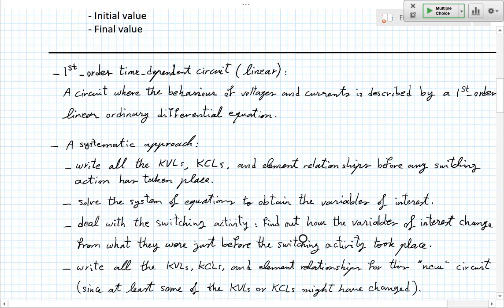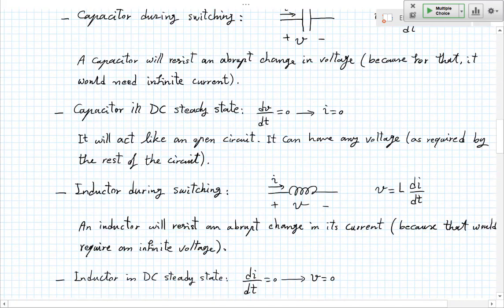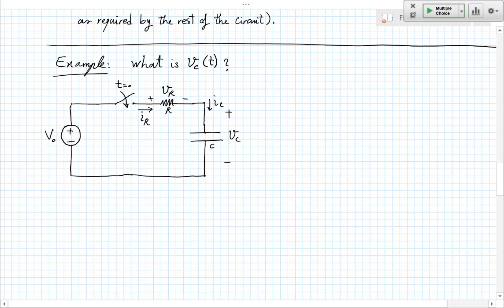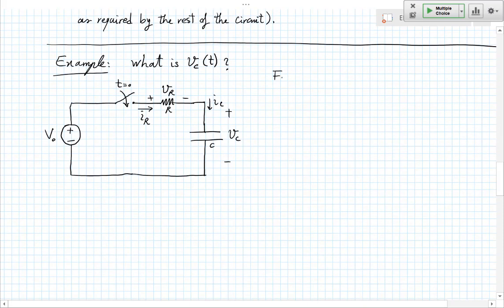So writing all the KVLs, KCLs before that, solving the circuit to find the value of VC, the voltage across the capacitor, before any switching action took place. Okay? So let's see what I have there. So first, before switching. So t less than 0.